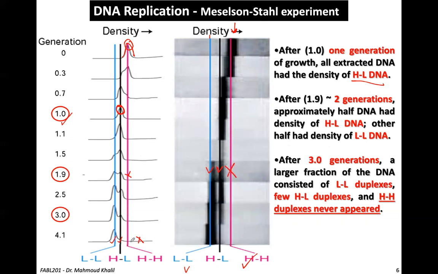After the third doubling, most of the DNA has moved toward the light, because there is no heavy now in the medium. So most of the DNA is light, as you can see from the density gradient.